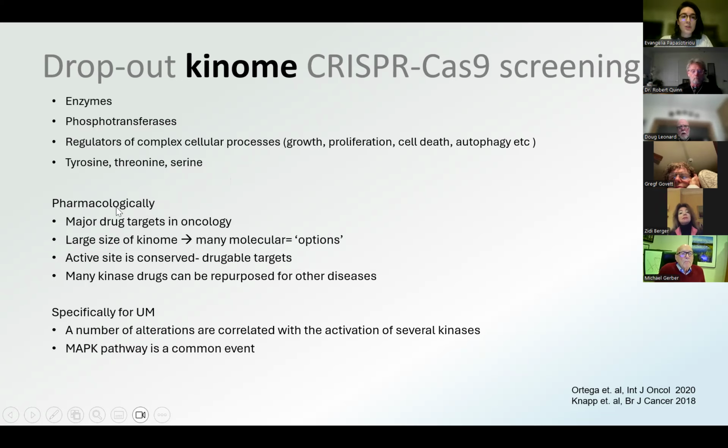From a pharmacological point of view, they have been major targets in oncology for the last 30 years. Their large size offers us many molecular options if we want to identify therapeutic targets. Their active site is conserved, so they're druggable targets. That means that they share similar structure and function.